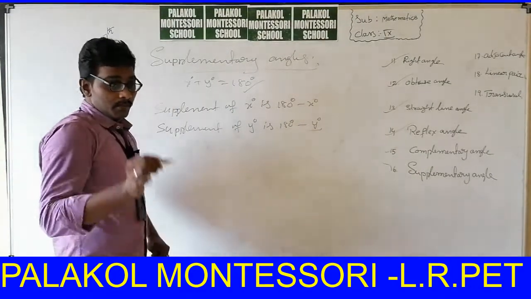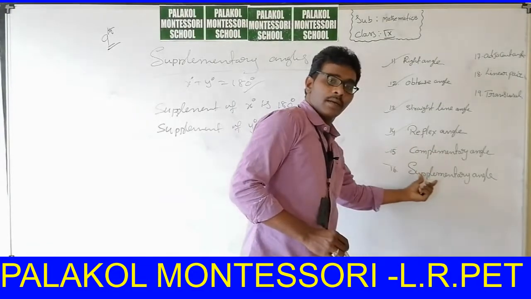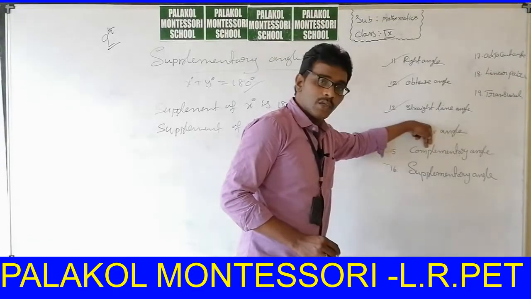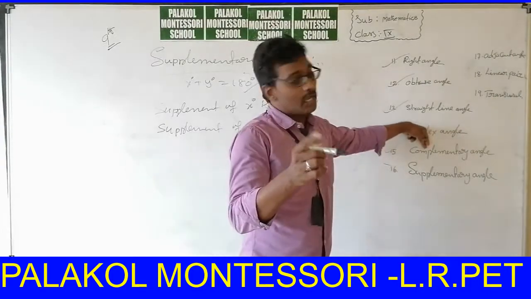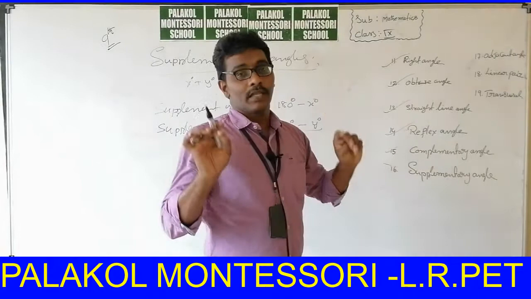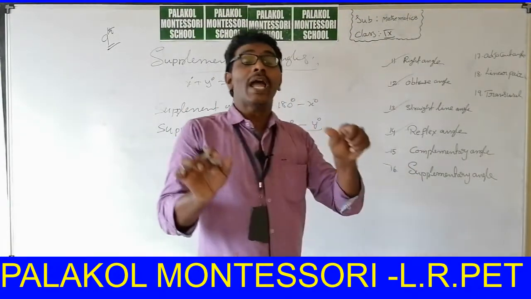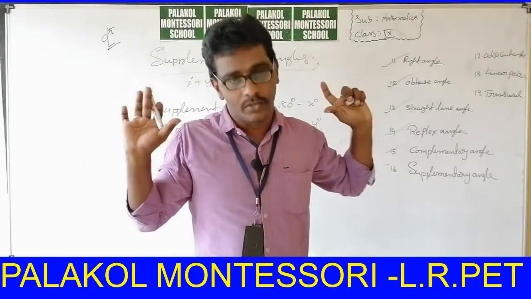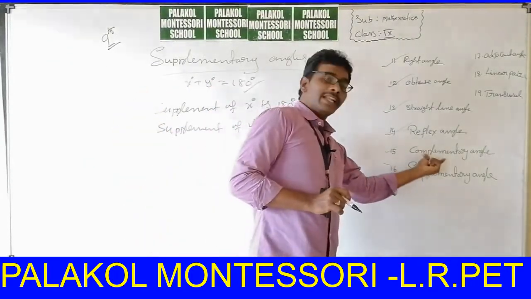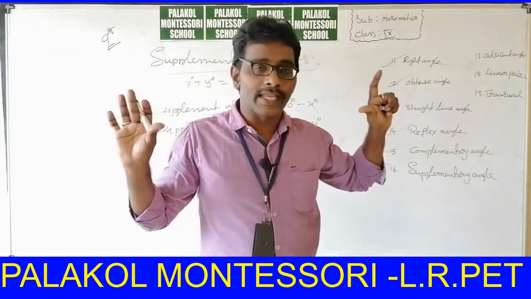Is it clear? So complementary angles are completed, supplementary angles are completed. What is the difference between the two? If the sum of the two angles is equal to 90, complementary. If the sum of the two angles is equal to 180, supplementary. One more point is important. In complementary angles, the two angles must be acute angles.